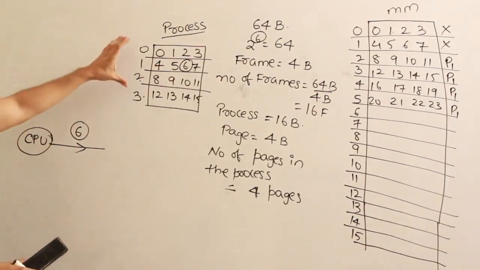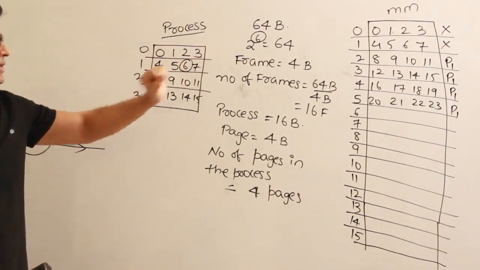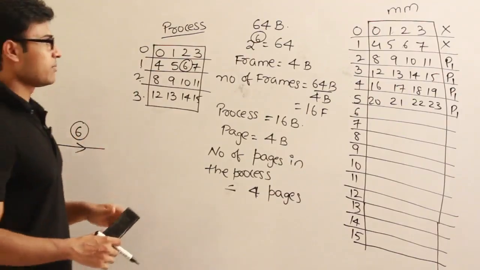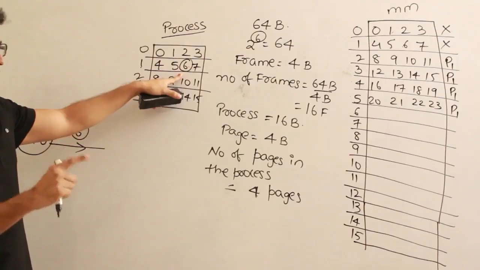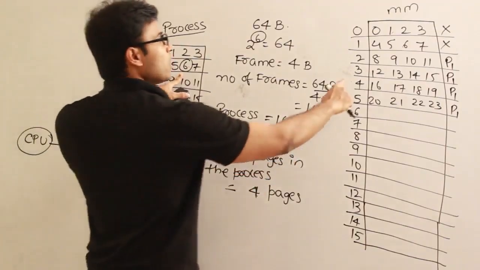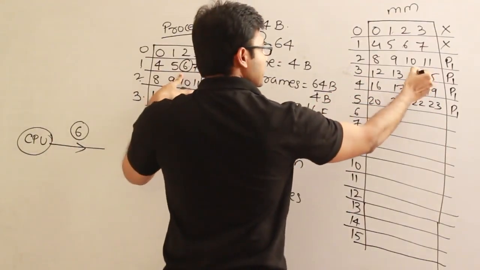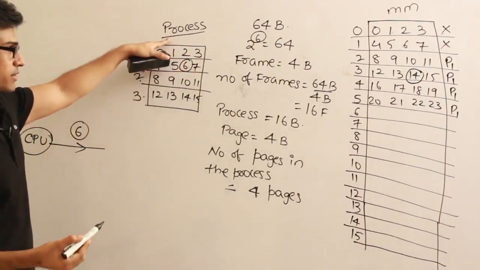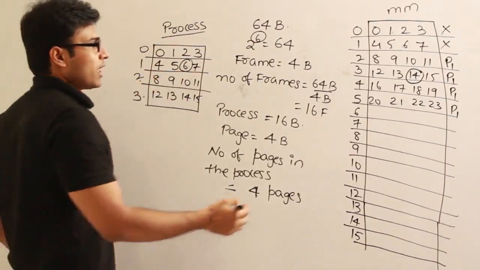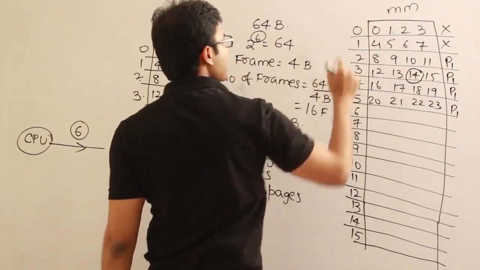Now if this process is loaded from frame number 2, then byte number 6 of the process will be equal to the 14th byte. So address 6 of the process is equal to address 14 in the main memory.